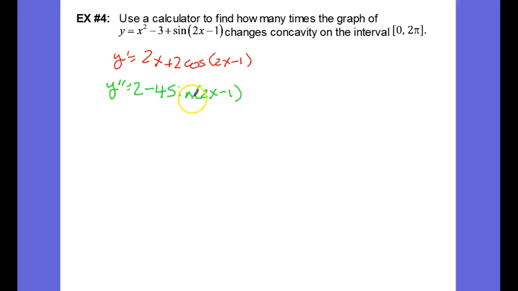Now what we need to do to find critical values is set this equal to 0 and solve it for x on the interval from 0 to 2 pi. And we could do this using the unit circle. It is equivalent to solving the equation sine 2x minus 1 equals 1/2. And so take every angle between 0 and 2 pi where sine is equal to 1/2 and set 2x minus 1 equal to that angle and then solve.